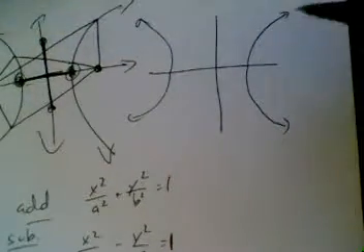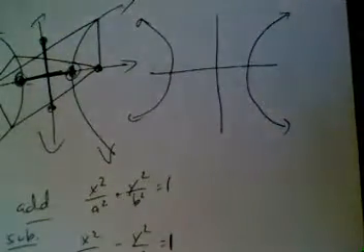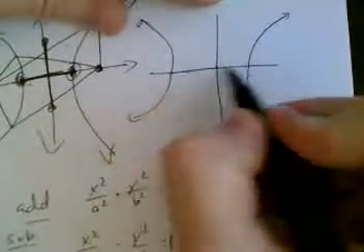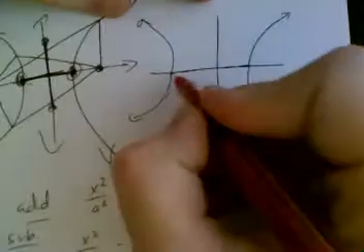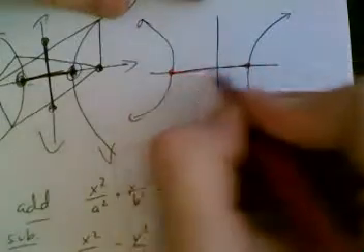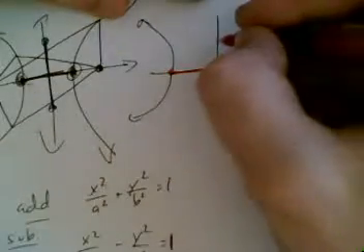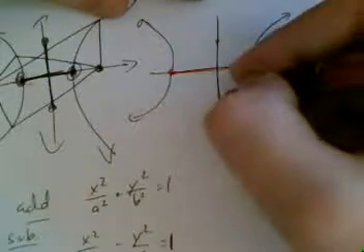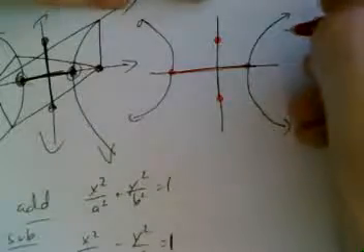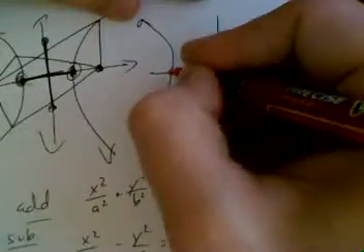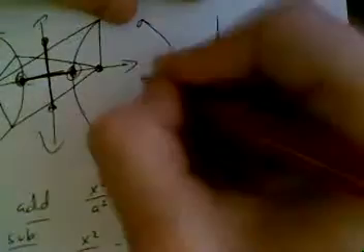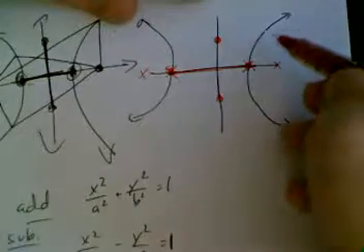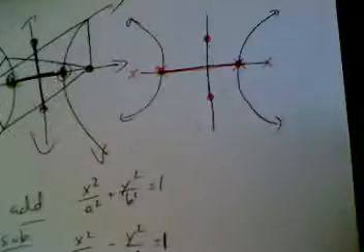It's drawn very terribly. But the transverse axis would be here. Let me draw this in red if I can find my red pen. The transverse axis would be here. Your conjugate axis would be here. The vertices would be here and here. The foci would be in here. Again, notice the graph rotates around the foci.